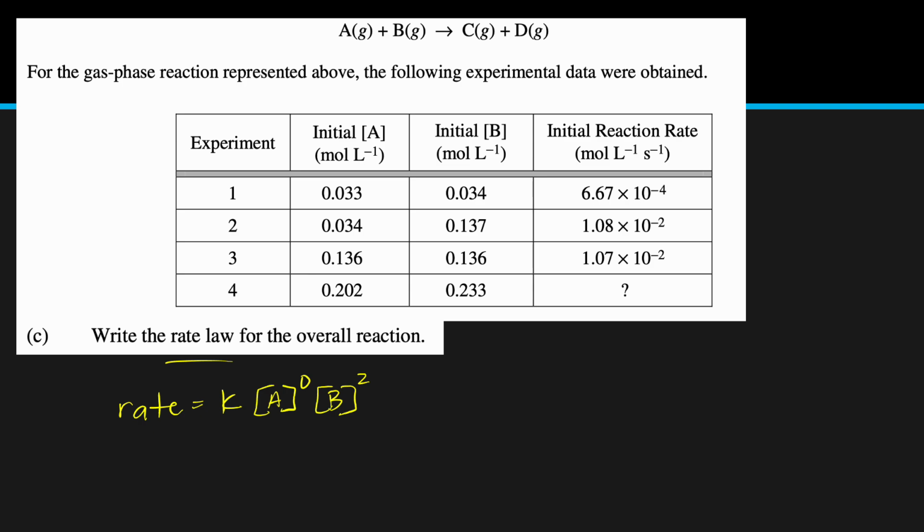Now, as you can see, this is raised to the 0 power, which is going to mean it doesn't actually count towards any of the calculations. So you don't actually write it in your rate law. So our actual final answer is going to be rate equals K times the concentration of B squared.